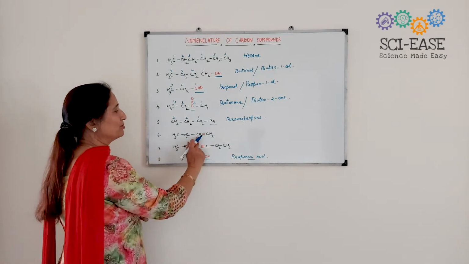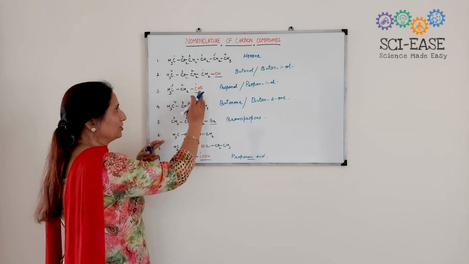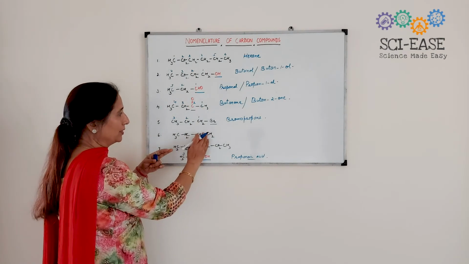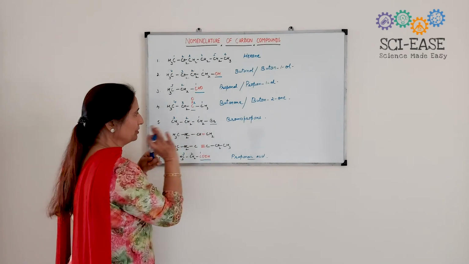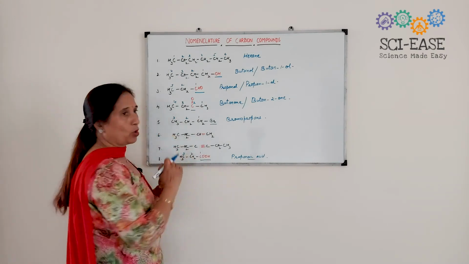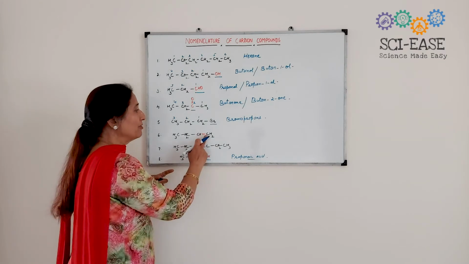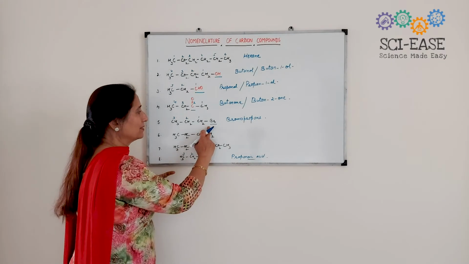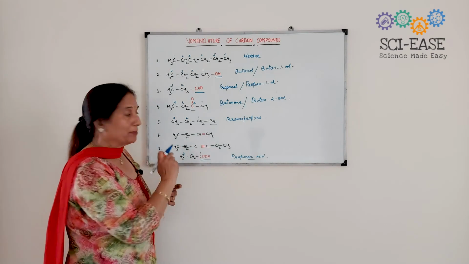Now come to this. I've written in red either the functional group or, in order to distinguish it, the double or triple bond. First we will say that this is an alkene because it has a double bond. Now again, from where will the numbering start? We will start from this side so that this gets the minimum number.